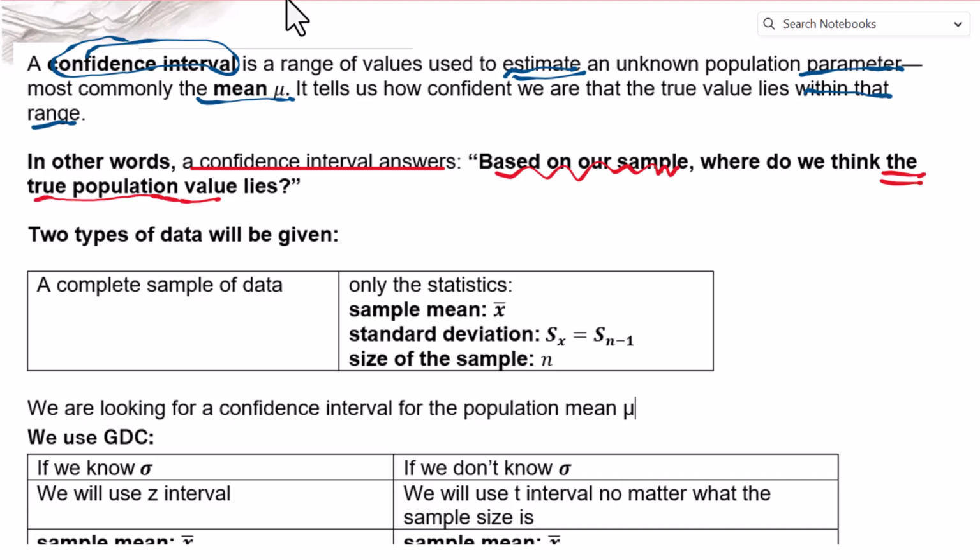Where do we think the true population value lies? We are given two types of data: a complete sample of data, which in the calculator we need a spreadsheet for, or only the statistics like sample mean, X bar, unbiased estimate of population sigma S sub n-1, and size of the sample n.